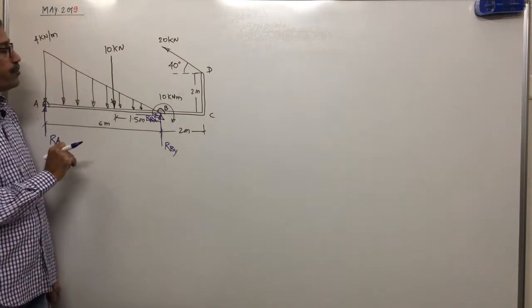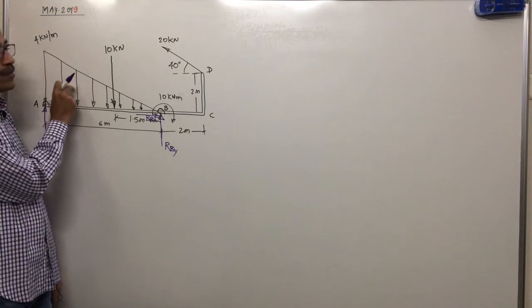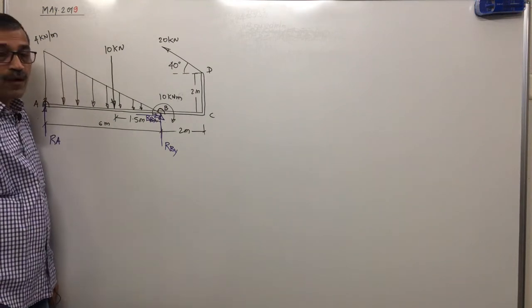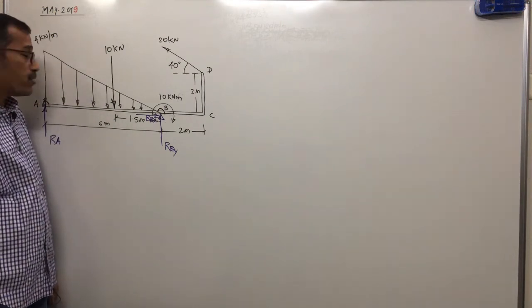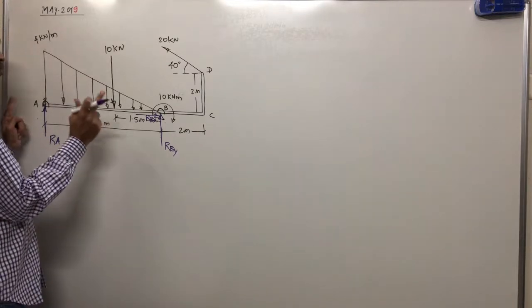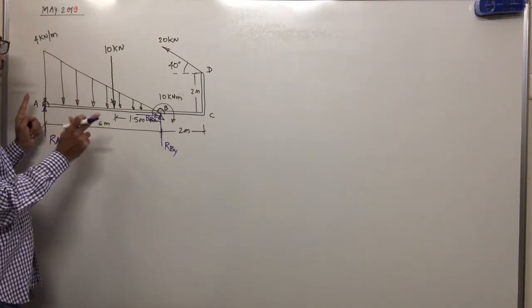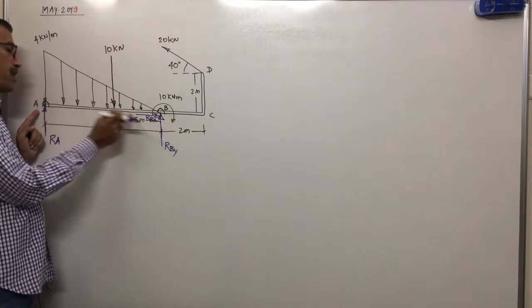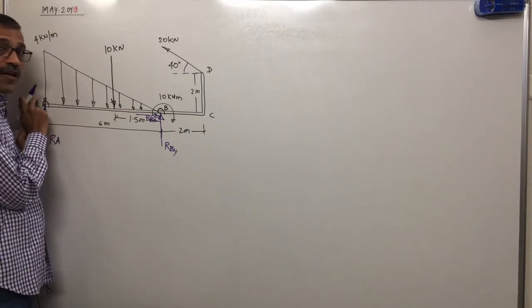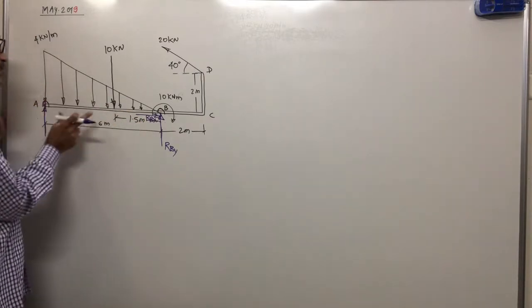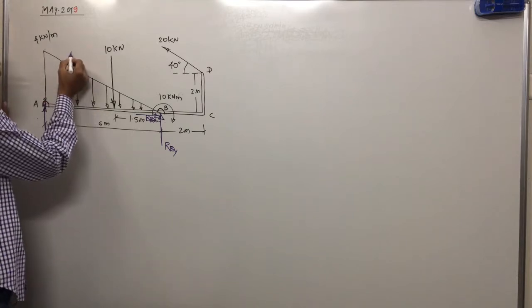Next, distributed load is given. We'll convert this distributed load into an equivalent point load. The equivalent of a UVL acts at 1/3 of its span from the maximum load. Maximum load is where? At A. So from A, 1/3 of 6 means how much? 2 meter.